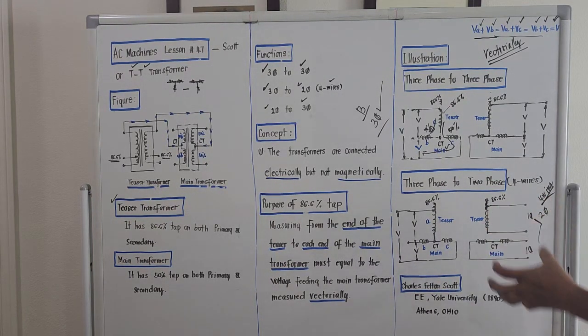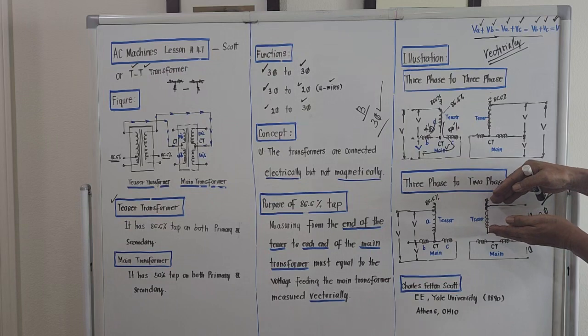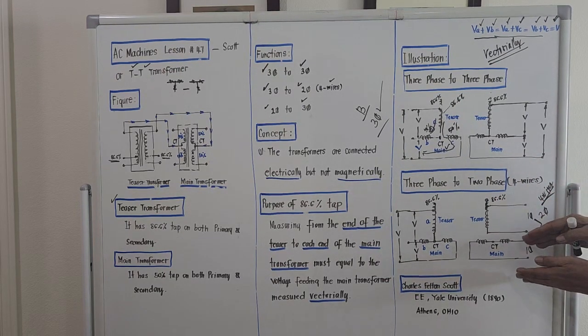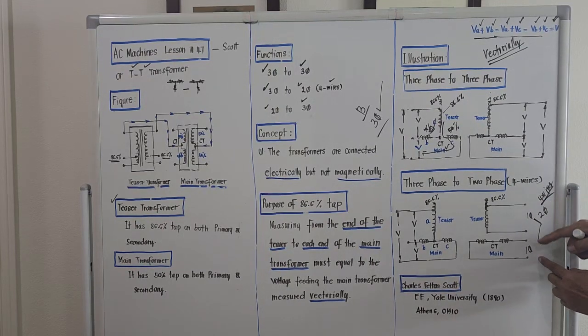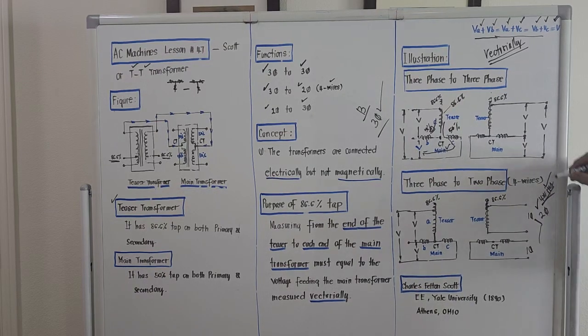On this side, the other terminal of the teaser is not connected to the center tap. So we connect a first load here, which is single phase. And for the main transformer, we have two terminals, line 1 and line 2. We connect another single phase load. So a single phase and a single phase will be two-phase, four wires.